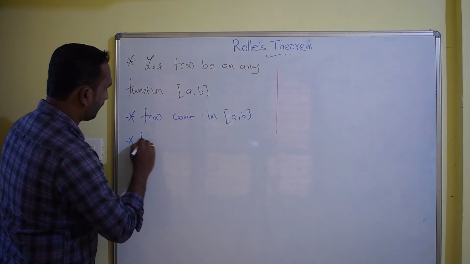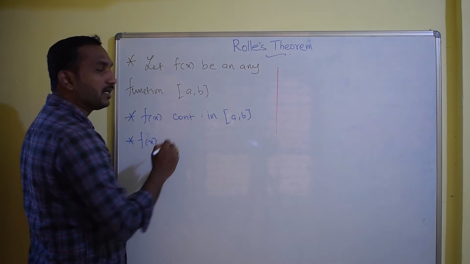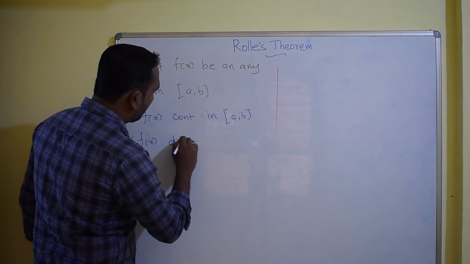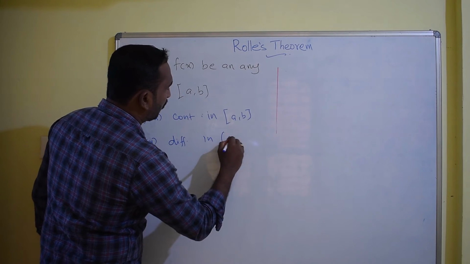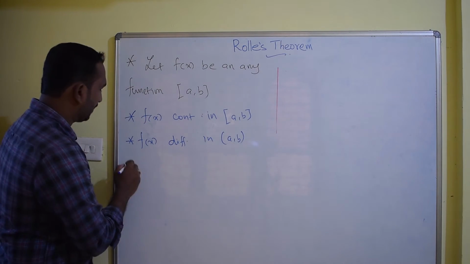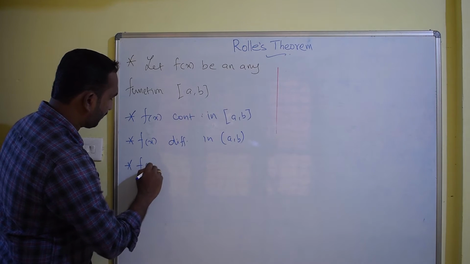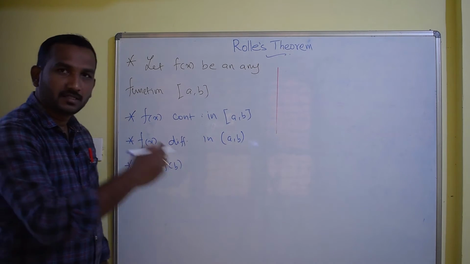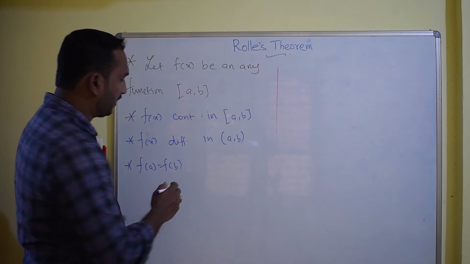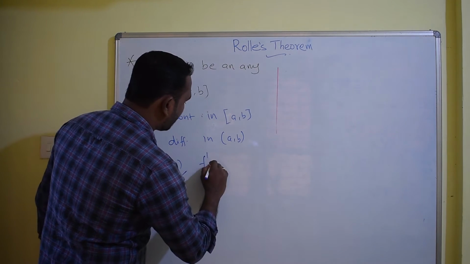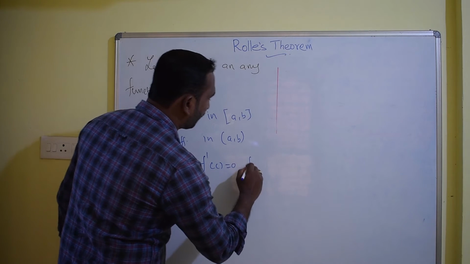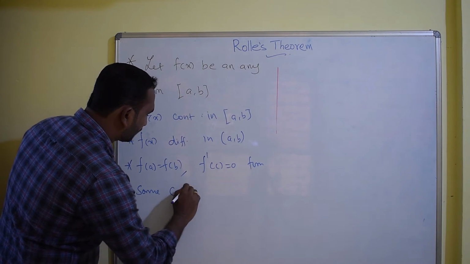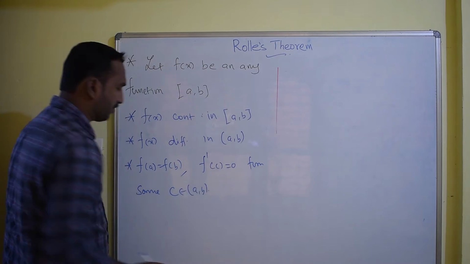Second condition, f of x must be differentiable in the open interval a comma b. And third condition, f of a is equal to f of b. If these three conditions are satisfied, then f dash of c is equal to 0 for some c belonging to the open interval a comma b.